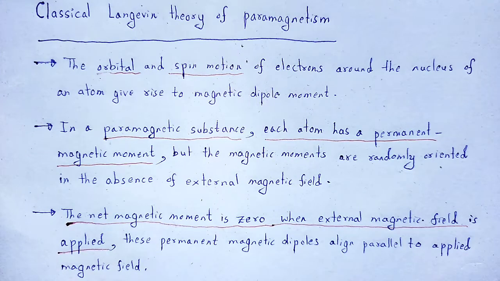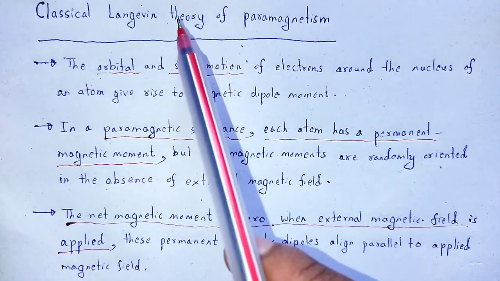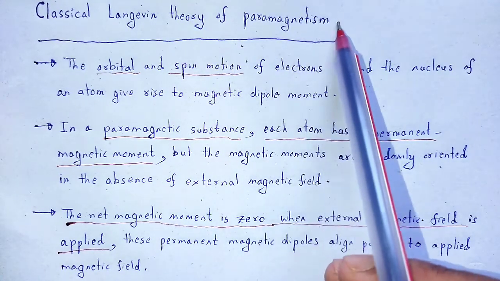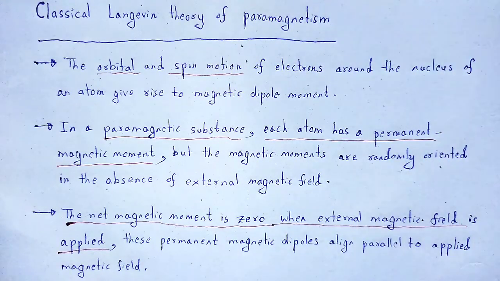In this way, Langevin theory is helpful to show how substances exhibit paramagnetism. Let me mathematically show various properties like intensity of magnetization, susceptibility, and so on.